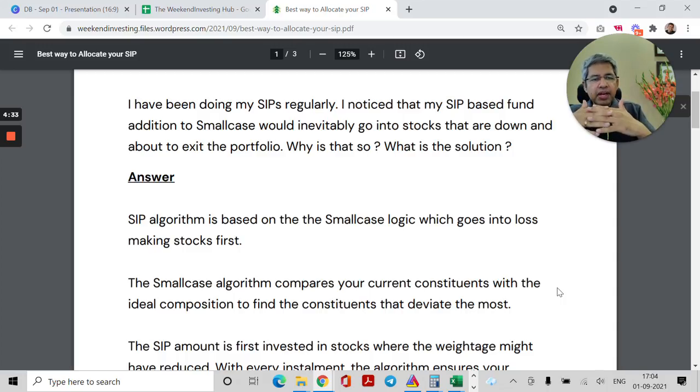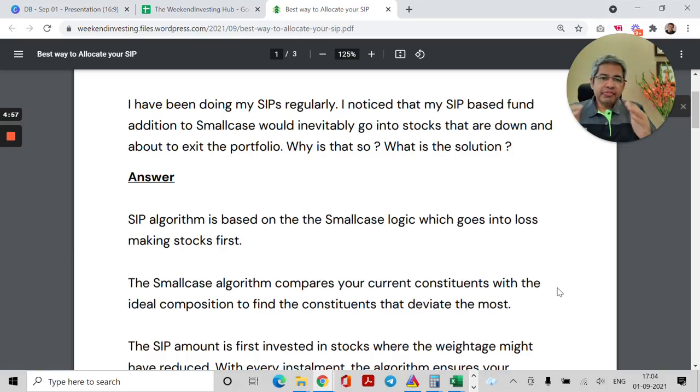So the minimum criterion for the SIP is 2 times the largest component of your portfolio. That should be the minimum SIP amount. So while the SIP can be 5,000 rupees or more, if the largest constituent is larger, your minimum SIP amount will also go up. So this was one part.